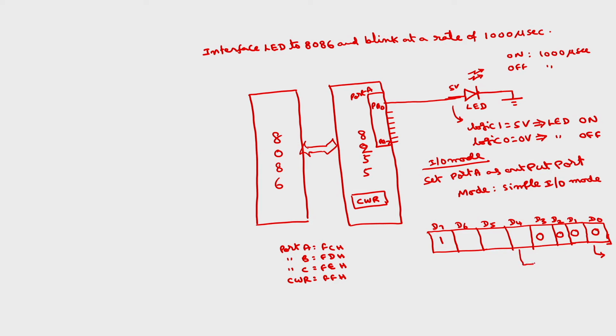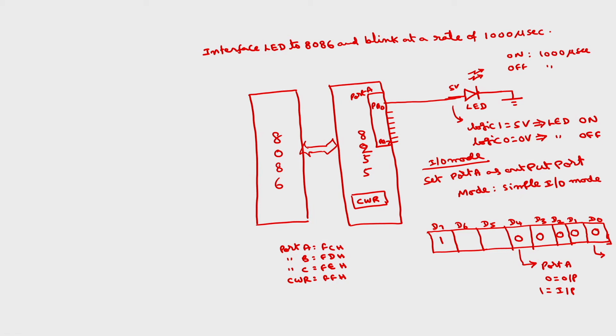And what about the D4 bit? This is for port A. Because I am using only port A, this is important. I have to set this as 0 for output mode, 1 for input mode. Because I am using port A as an output port, I have to set this as 0.